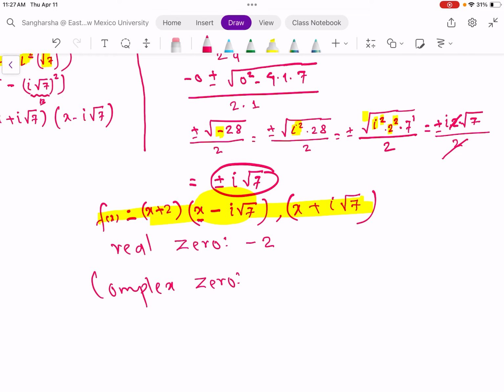So if x is i square root of 7, you have i square root of 7 minus i square root of 7, that is 0. So this is one complex zero. And for this factor, if you substitute x equals negative i square root of 7, you get 0. So these are the complex zeros because these are complex numbers.